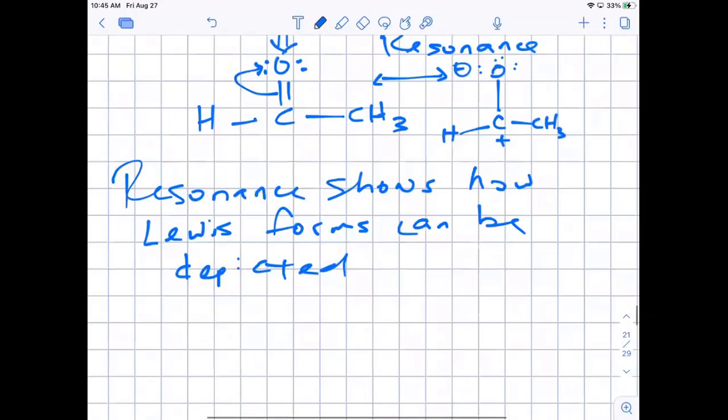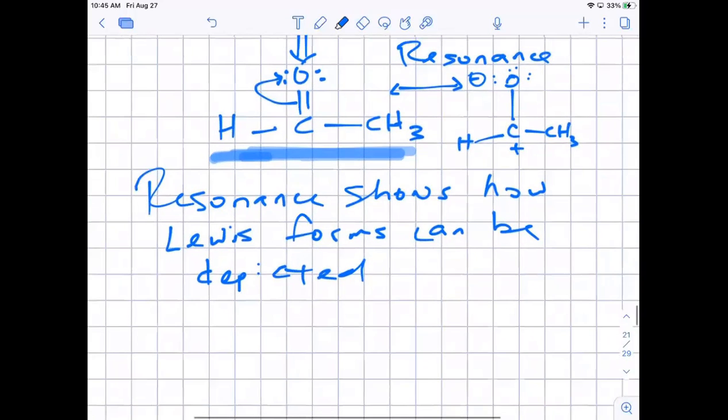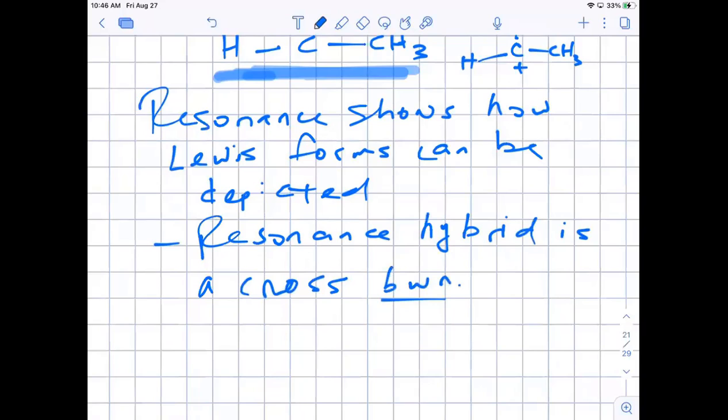We call it a hybrid, but we normally show it as this structure right here because it's neutral, there are no charges, and it's stable. But the actual form that exists is a cross between those two, and we call that a resonance hybrid. So that's shorthand, a cross between resonance forms.